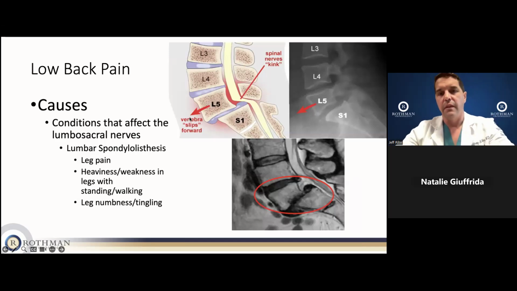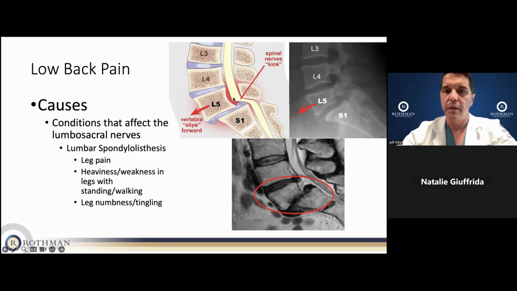This image depicts lumbar spondylolisthesis. I'm throwing all these terms out here, but lumbar spondylolisthesis occurs when one vertebra slips on another one. It means that one of the lumbar vertebrae is unstable for a variety of reasons, and it shifts on the other one. This can be associated with nerve compression.